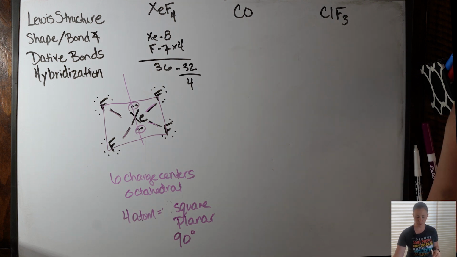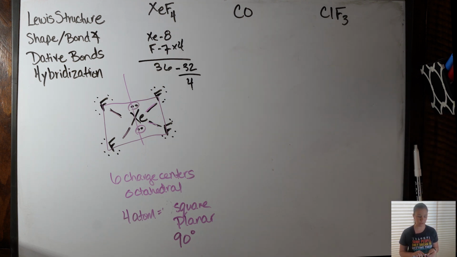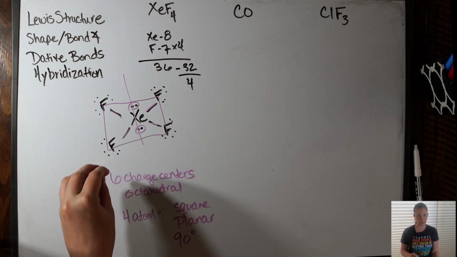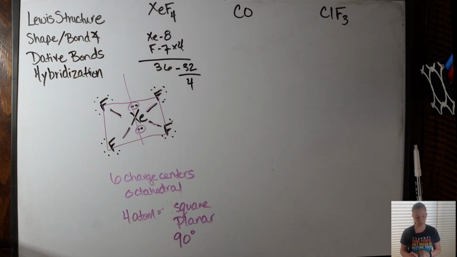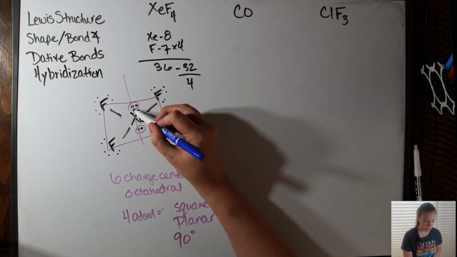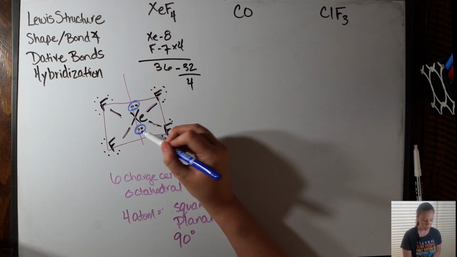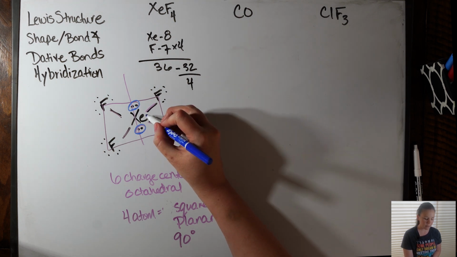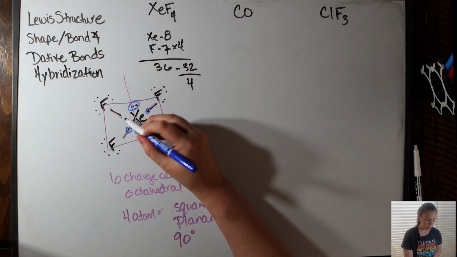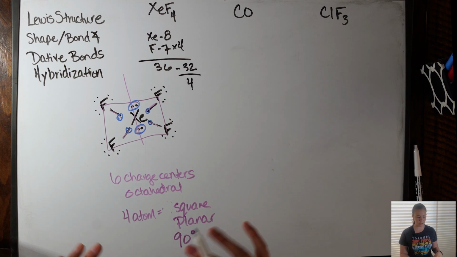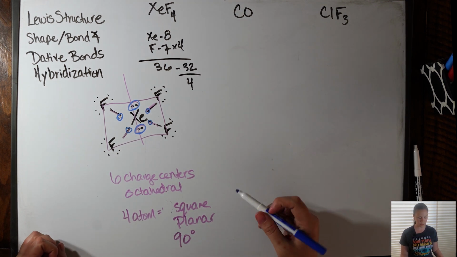Now let's look at whether or not there are any dative bonds. So for that, we want to consider how many electrons are actually on the atom right now and compare that to how many they brought in the first place. So xenon, we already said, had these 2 lone pairs, those 4 electrons, and then it also would have 1 electron involved in each of those single bonds.